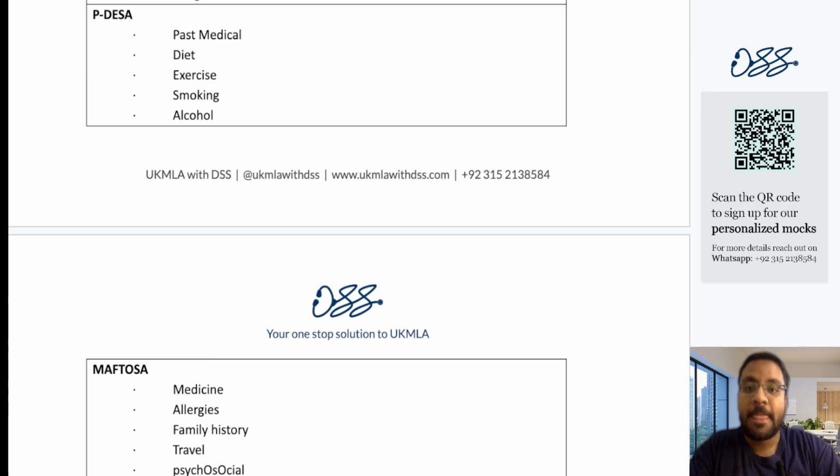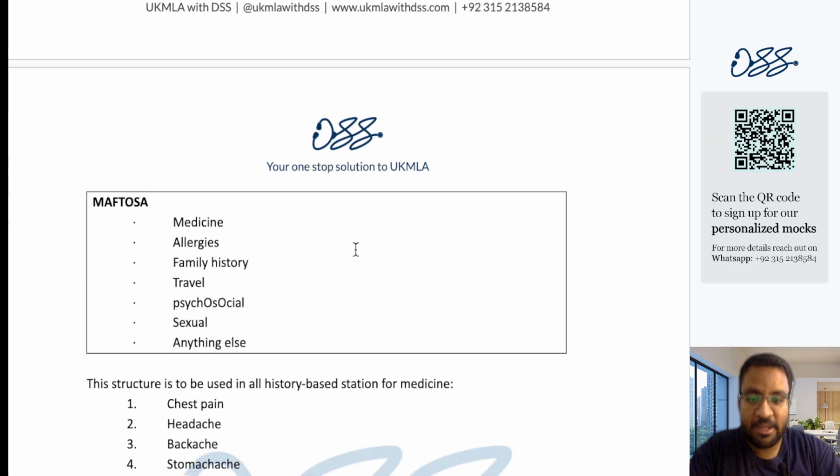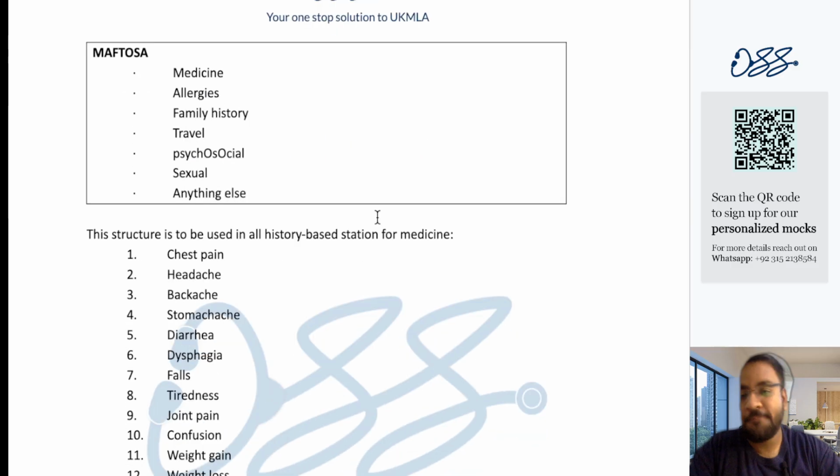All right, now let's move on to the fourth and the last layer of the data gathering. That is MEFTOSA. What is MEFTOSA?